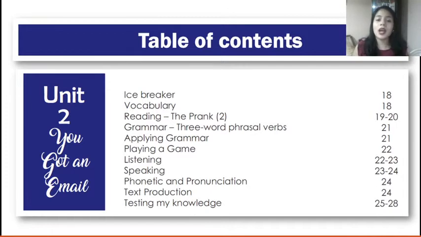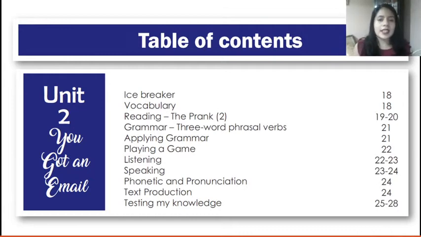We are going to have the second part of the prank. Do you remember that? Also, we are going to continue talking about phrasal verbs. And finally, guys, we are going to have phonetics and pronunciation, okay? Listen, you need your student book, a notebook, and a pencil. So let's start. Okay, excellent, guys, very good.